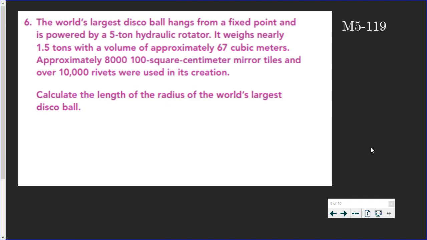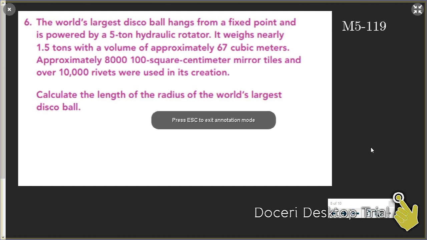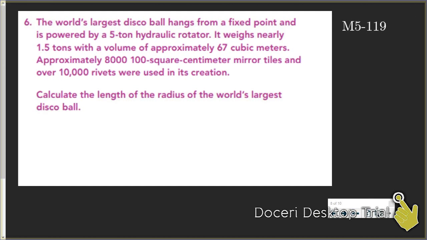Approximately 8,100 square centimeter mirror tiles and over 10,000 rivets were used in its creation. Another one that gives us a whole bunch of information, most of which doesn't help us, but it does say right in the middle of all that the volume is approximately 67 cubic meters.